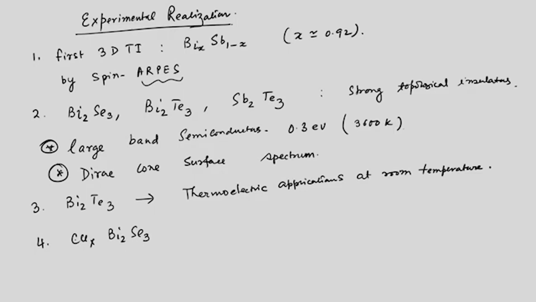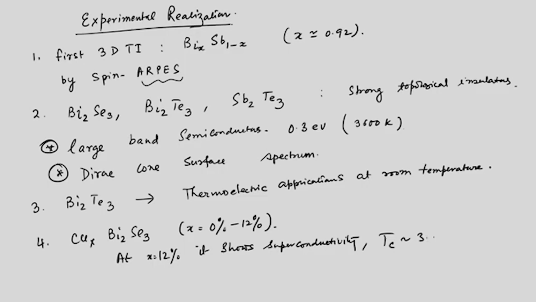So there is Cu(x) added, where x can be from 0% to 12%, and particularly at x equal to 12%, it shows superconductivity with a Tc of about 3.8 Kelvin.